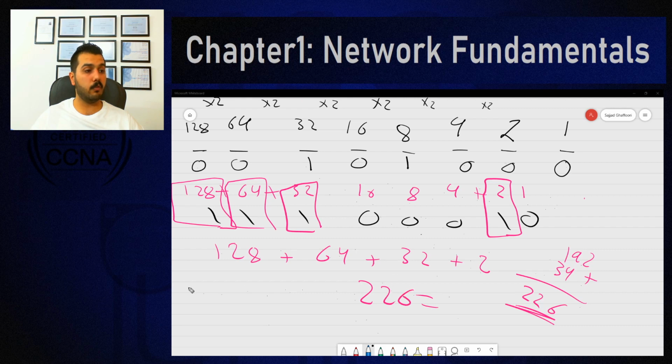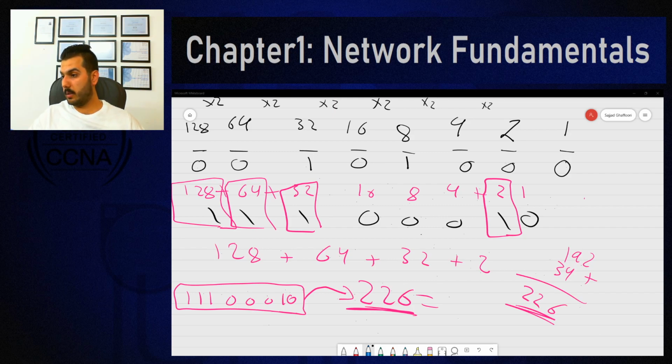So when you face 1, 1, 1, 0, 0, 0, 1, 0, and you want to know which number this is, then this is 226. So this is the main, simple method of converting decimal numbers to binary numbers and back.